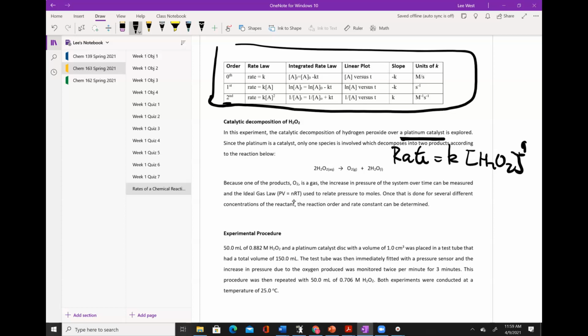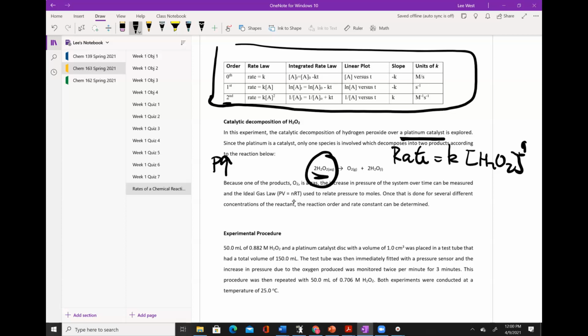So I'm going to do this reaction in a closed container. The pressure is going to go up because oxygen is going to be made. Then, using the ideal gas law, I'm going to relate those changes in pressure to the changes in the number of moles of oxygen. Then I'm going to use mole ratios to get the rate at which hydrogen peroxide is being consumed.